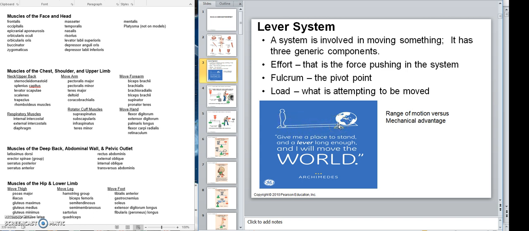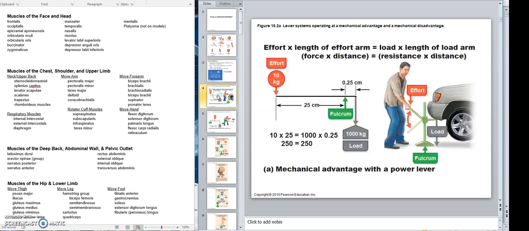So let's talk quickly about the lever system. This lever system here gives a mechanical advantage with a power lift. This is the old-fashioned jack for your car. The calculation is really physics; they do this in physics.